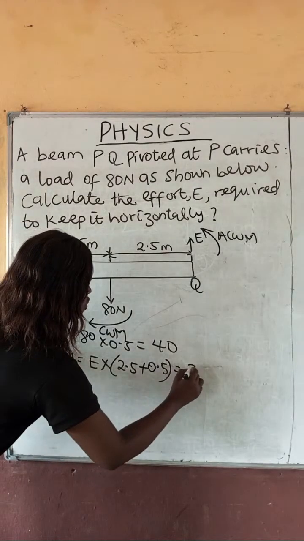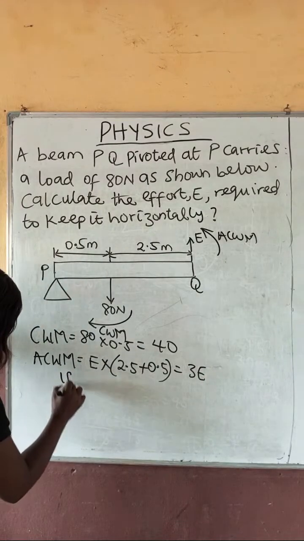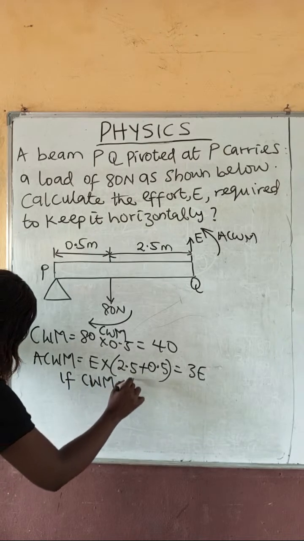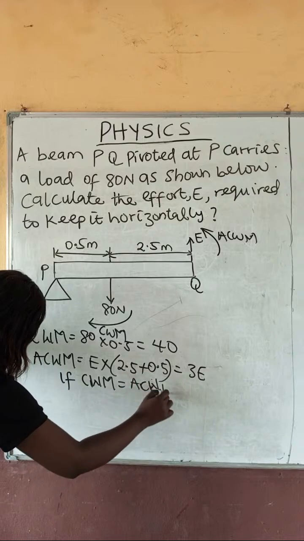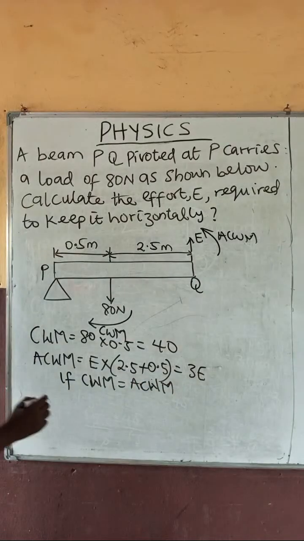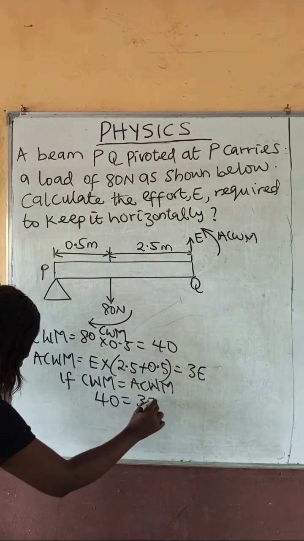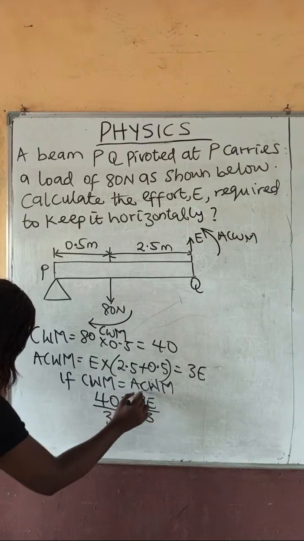So it is equal to 3E. If clockwise moment is equal to anti-clockwise moment, that is 40 is equal to 3E. We divide both sides by the coefficient of E, which is 3.